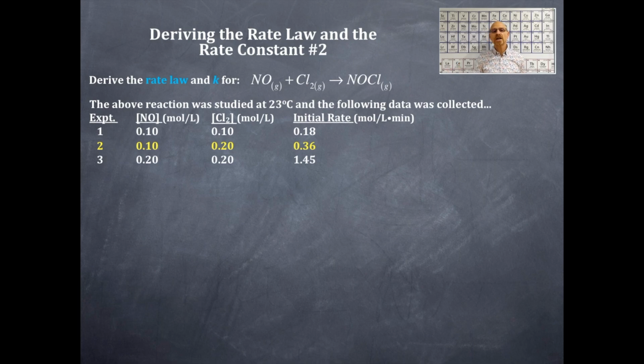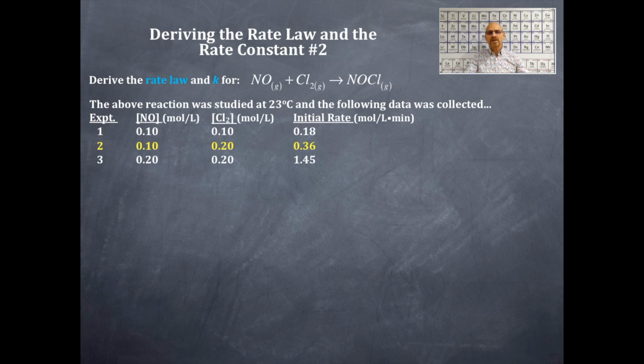We already know the basics of what the rate law is. The rate law is R is equal to K, that is the rate constant, times the concentration of the reactants. What we're really trying to solve for is the reaction order for both of the reactants.